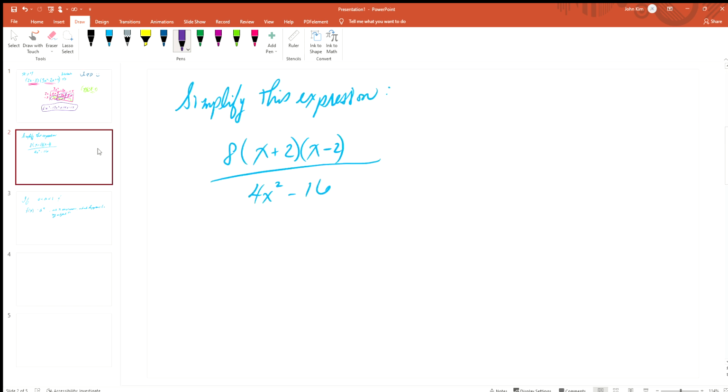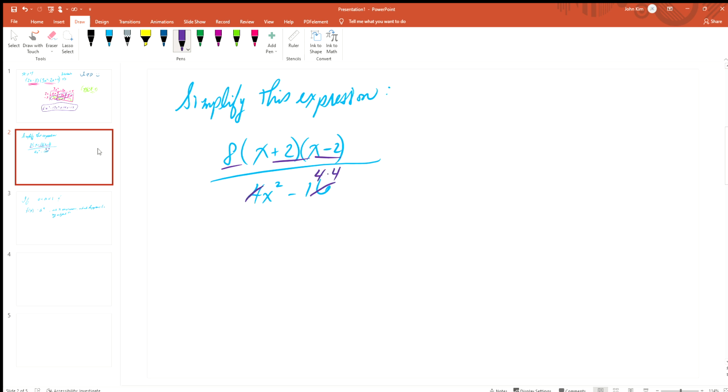You have 8 times the quantity x plus 2 times x minus 2. There it is right there. And then you have 4x squared minus 16 in the denominator. We are going to have to factor this to see if there are any like factors that we can cancel between the numerator and the denominator. You always have to factor it out. So I'm going to write down 16 as 4 times 4.